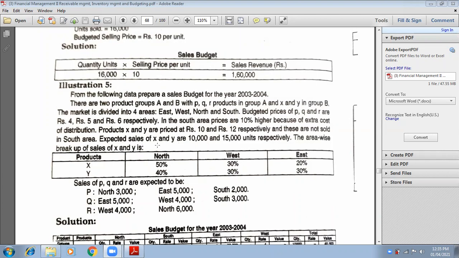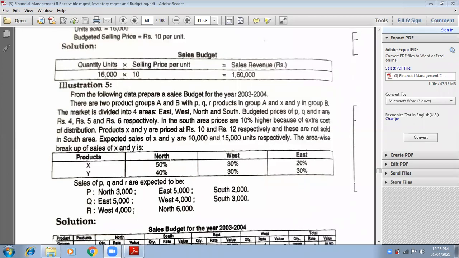Expected sales of X and Y, the products in group B, are 10,000 and 15,000 units respectively. Area wise breakup is given.